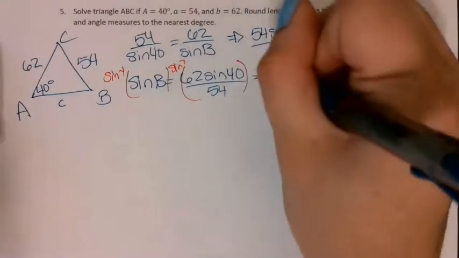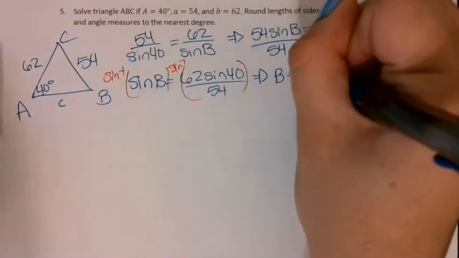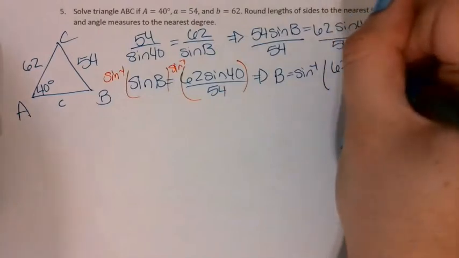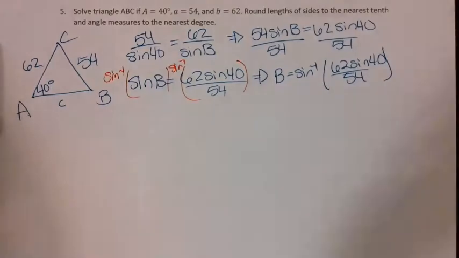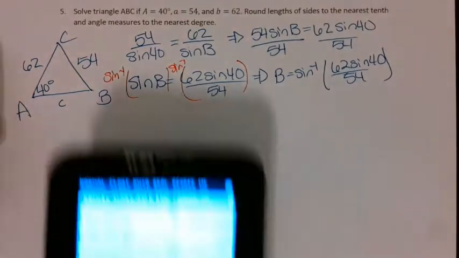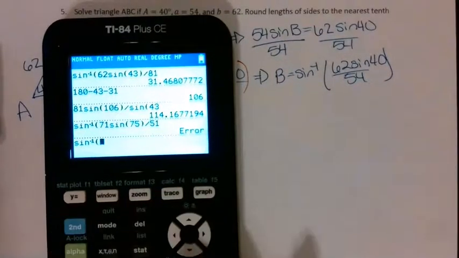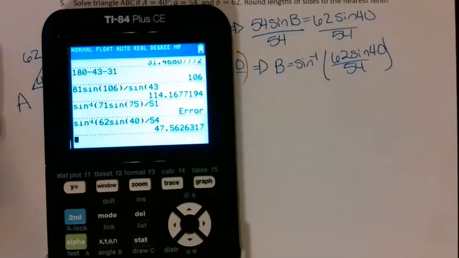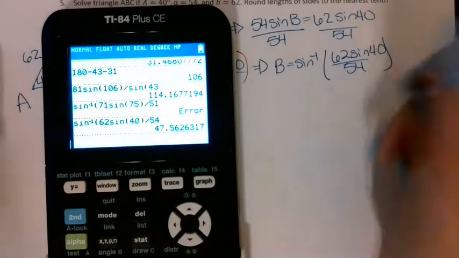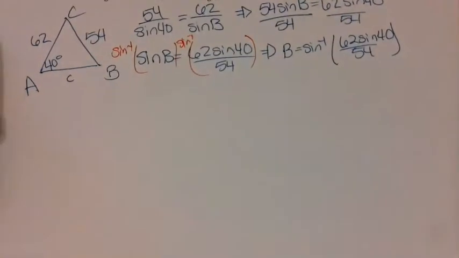And then this gives me B equals the sine inverse of 62 sine 40 over 54. I'm going to type that in my calculator. The problem wants me to round to the nearest degree, so this gives me 48 degrees. I am going to write this over here.